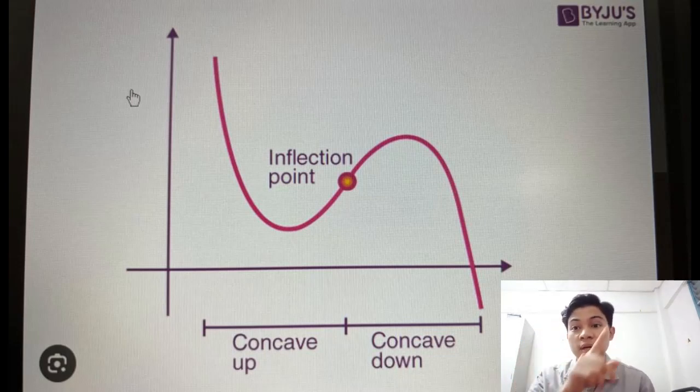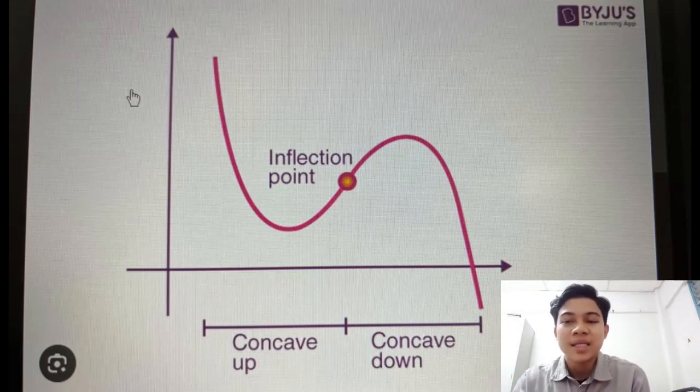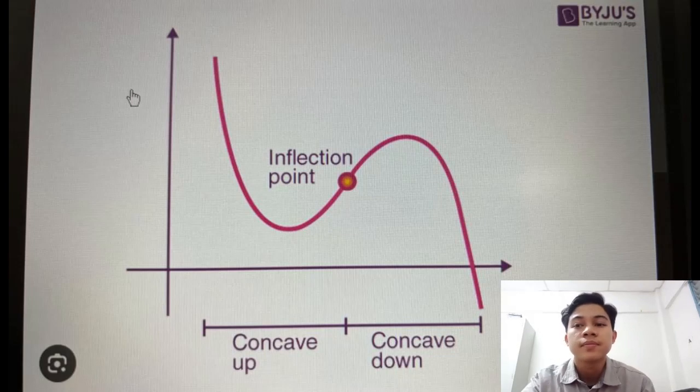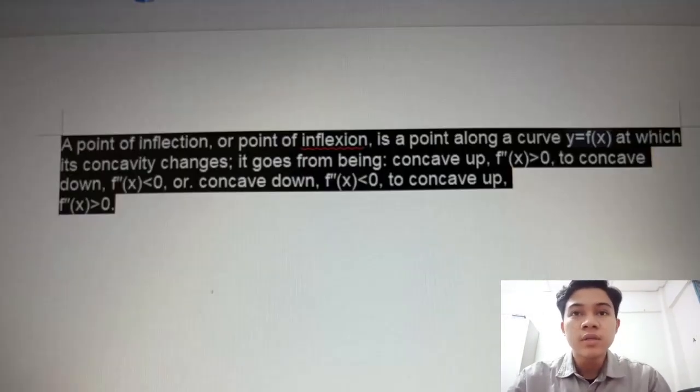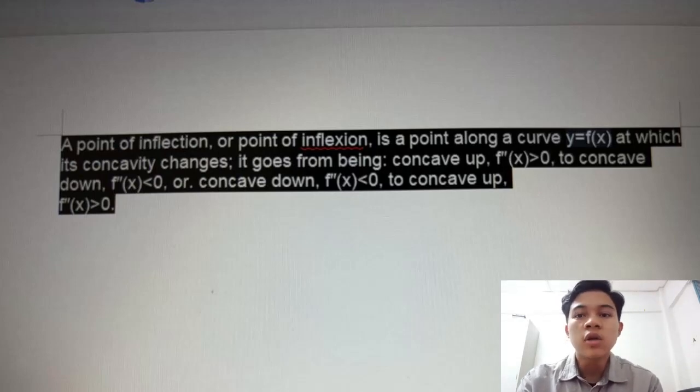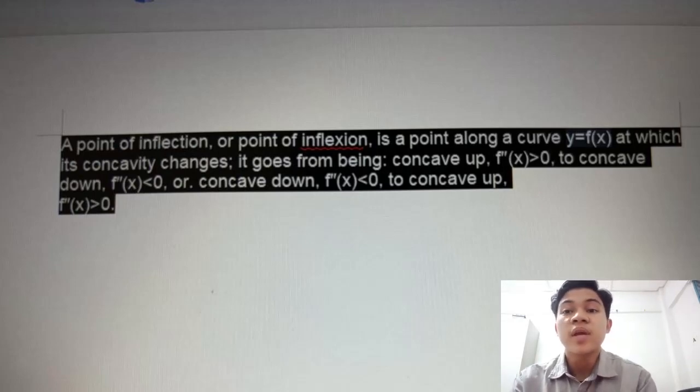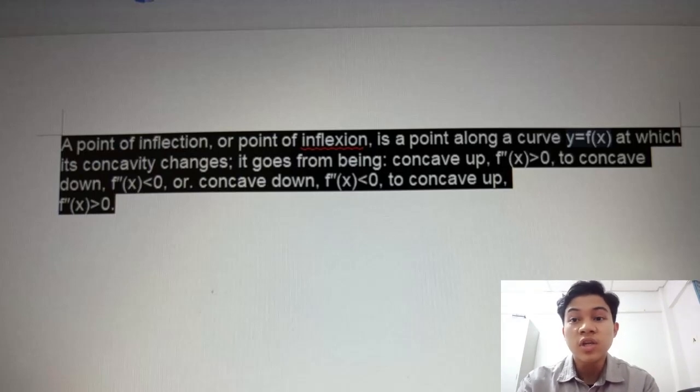When the curve opens upward, we name it concave up. The other one goes down, and we name it concave down. This is a very simple example: if you see the curve up, it is concave up, and if the graph is down, it is concave down. A point of inflection is a point along a curve y equals f(x) at which the concavity changes.